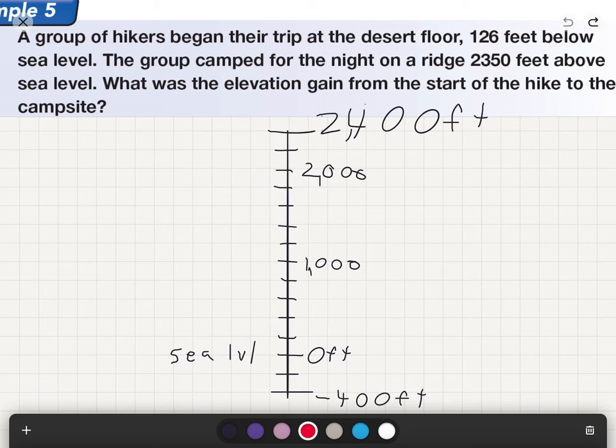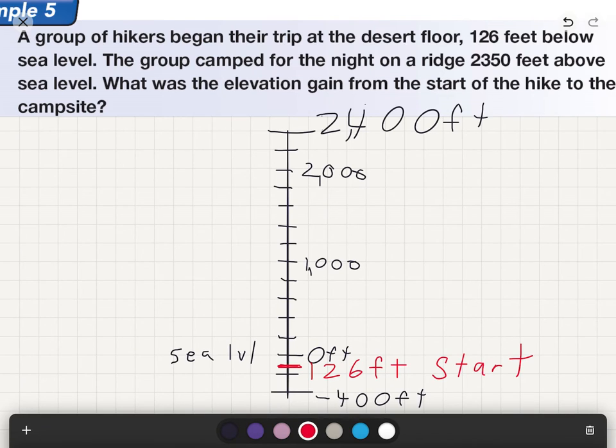So 126 feet would be a little bit more than halfway down between them. So we could say 126 feet is the start.